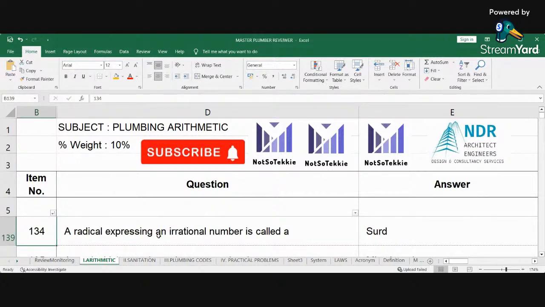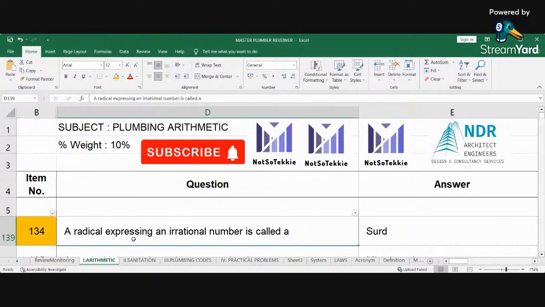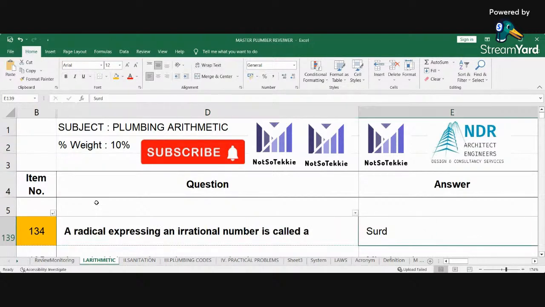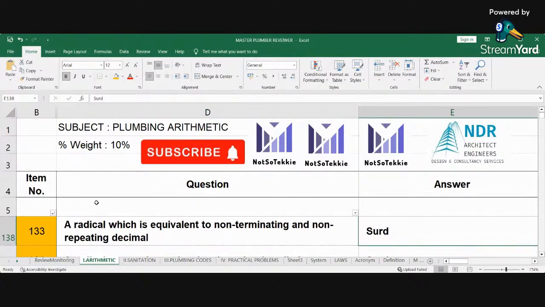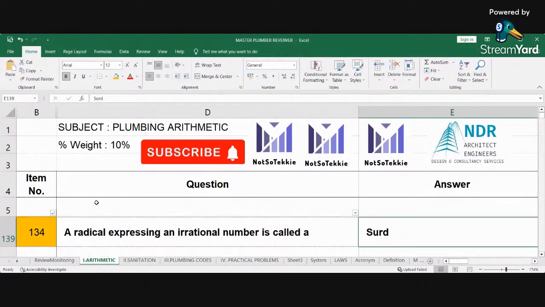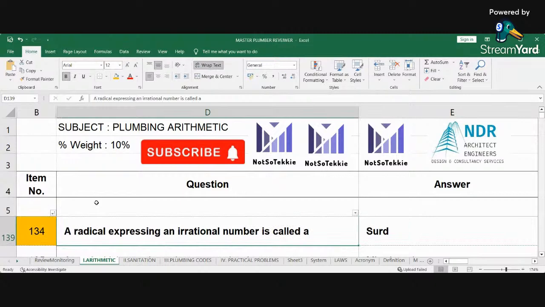A radical expressing an irrational number is called third ulit. A radical is an expression of an irrational number called a third. So, ang daming third. A radical equivalent to non-terminating and non-repeating decimal is a third, and a radical expressing an irrational number is called a third.